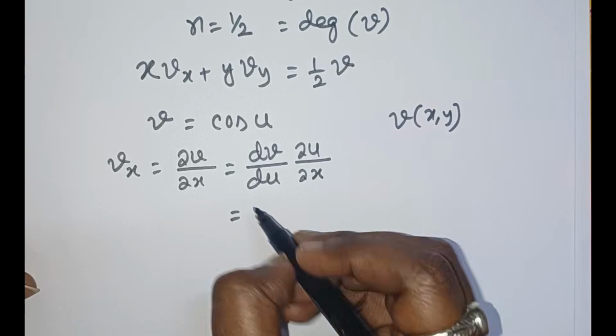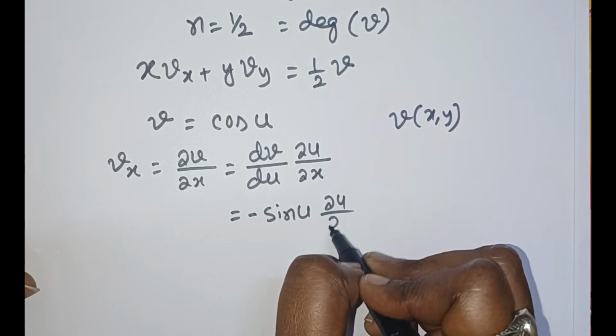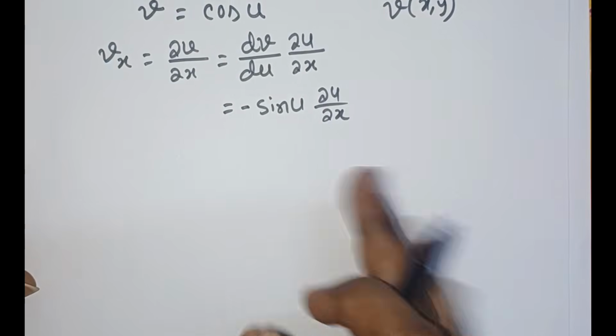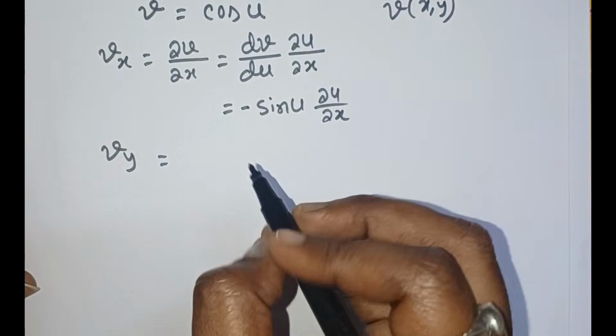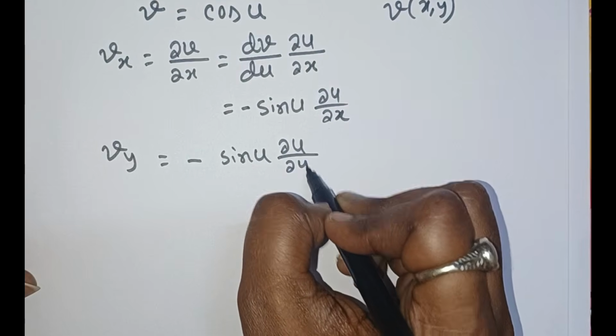Then dv du is equal to minus sin u multiplied with del u del x. And similarly we can write Vy equal to minus sin u del u del y.